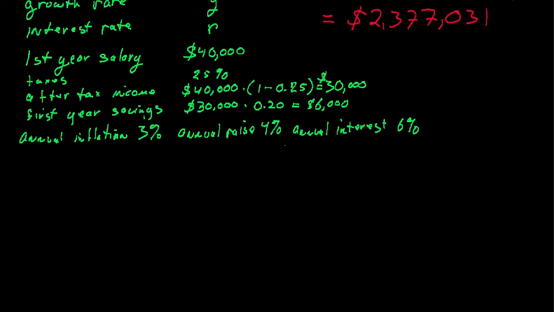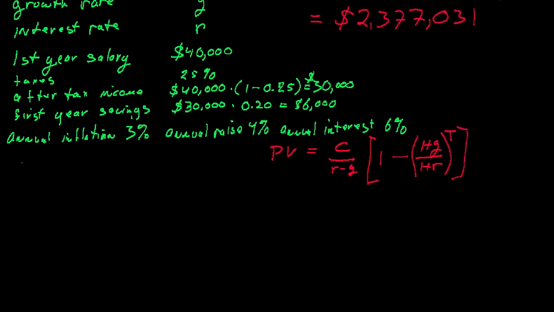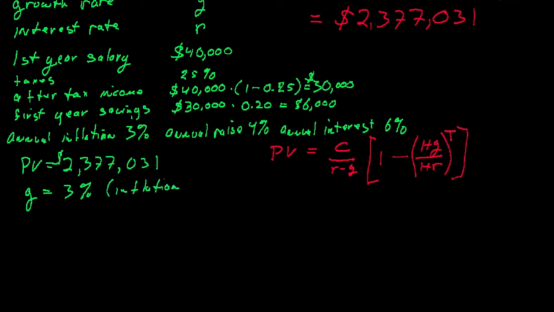The formula is PV equals C over R minus G times the quantity 1 minus the ratio of 1 plus G divided by 1 plus R, all raised to the T power. PV, when you buy the annuity, is $2,377,031. The growth rate will be the rate of inflation, 3%. The interest rate is 6%, and you'll receive payments for 25 years.